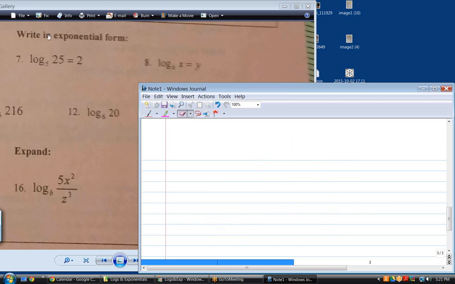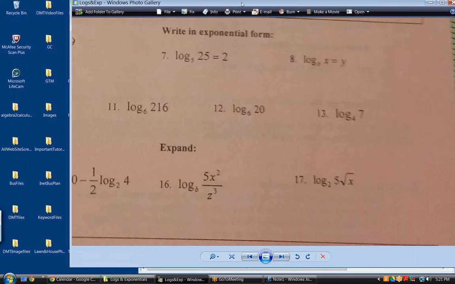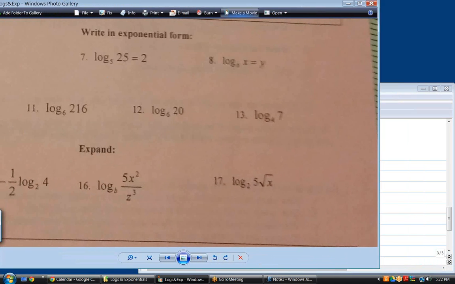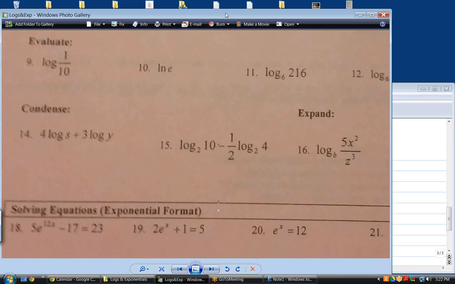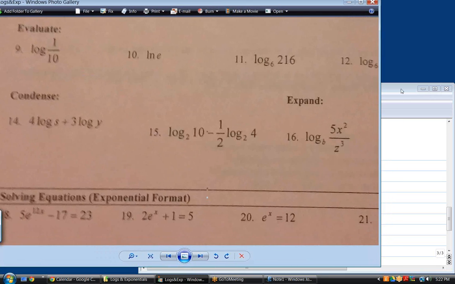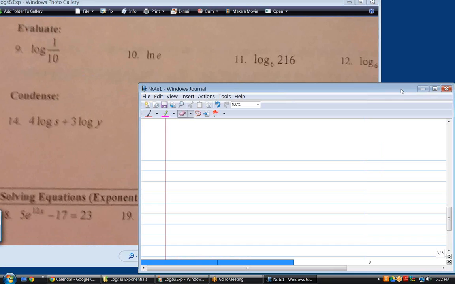All right, let's go on. It says to evaluate that. Well, first of all, let's make sure we understand what we're looking at. What's the base in this expression? 10.